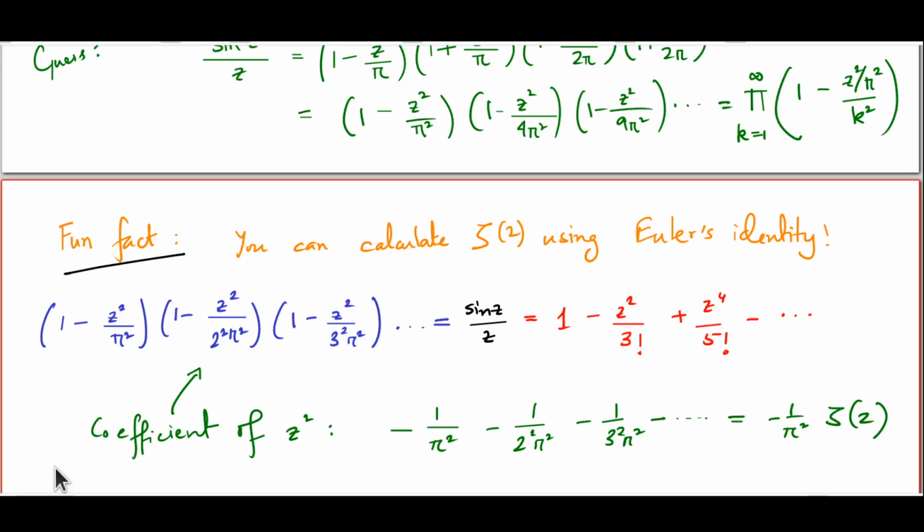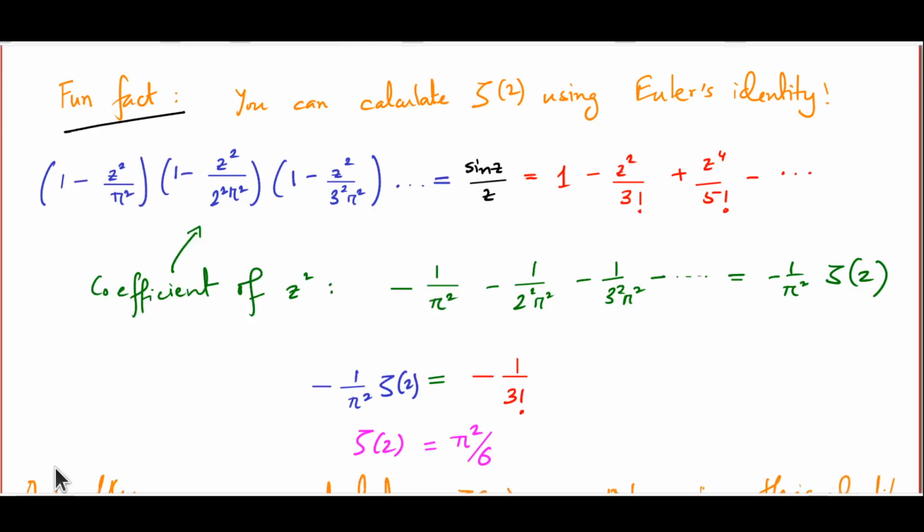And this, of course, is nothing but minus 1 by pi square times zeta 2. And this, as we have already figured out, actually has to be minus 1 by 6. And this tells you that zeta 2 has to be pi square by 6, which is a pretty familiar result, which I'm sure most of you already know.